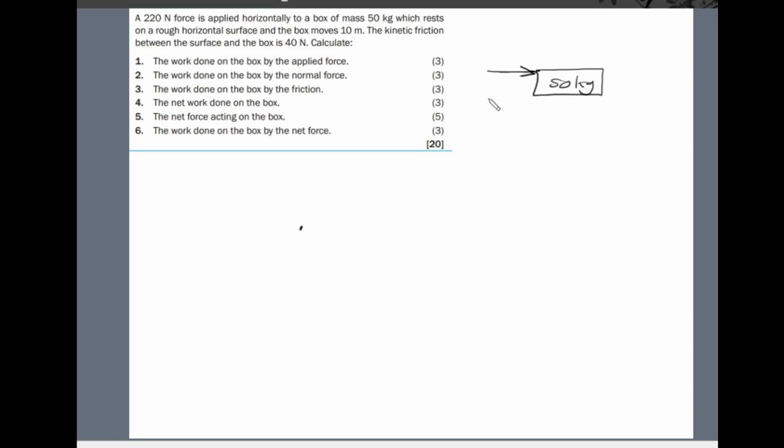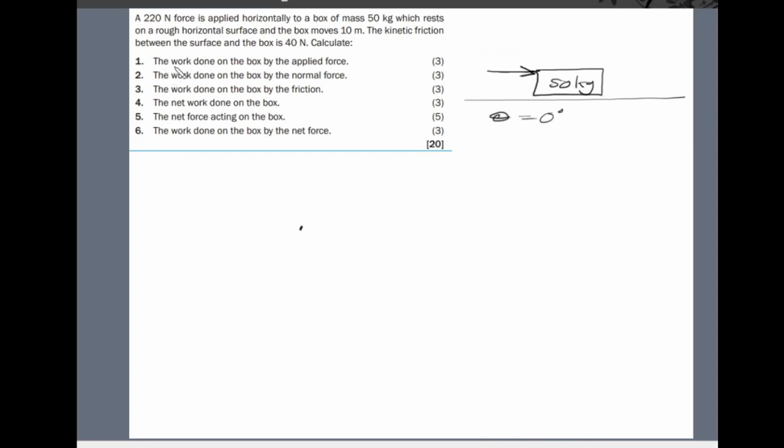Meaning if it's applied horizontally, the angle between the force and the displacement of this object will be 0, because the force is applied horizontally and the box is resting on a horizontal surface, right? So the angle between the applied force and the displacement will be 0. Therefore our theta will be 0 degrees.